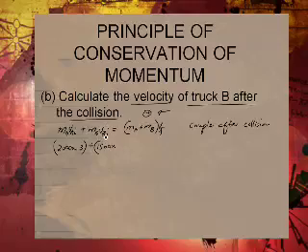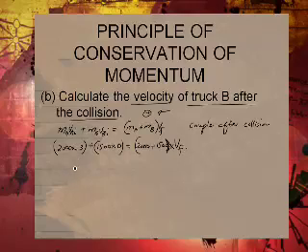How is truck B moving before collision? It is stationary, we are told, so times 0 should be equal to mass of A is 2000 plus mass of B 1500, so it should end there, times V final.